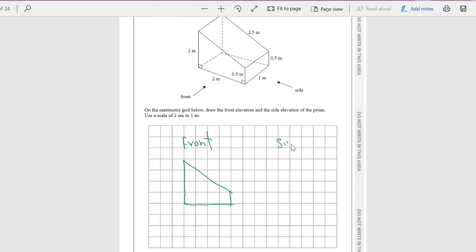And then the side. This is 1 meter, so that's 2 boxes, and then if you're looking at it from the side, it goes up by 2 meters, so that's that. Let me just rub that off. I know it's not straight, but that's nowhere near good enough, so I'll redo that.